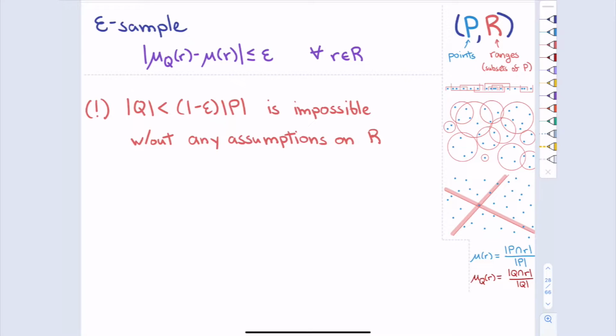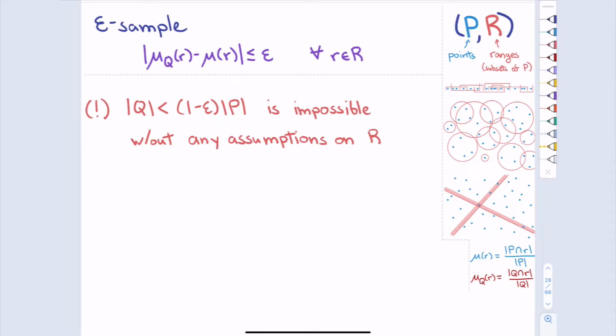Let's look at the question of how to construct an epsilon sample, and in particular, how small can Q be? So here's the first observation. This is saying that if I don't make any assumption on the range space R, then I really can't make Q that small and preserve the measure of every set.